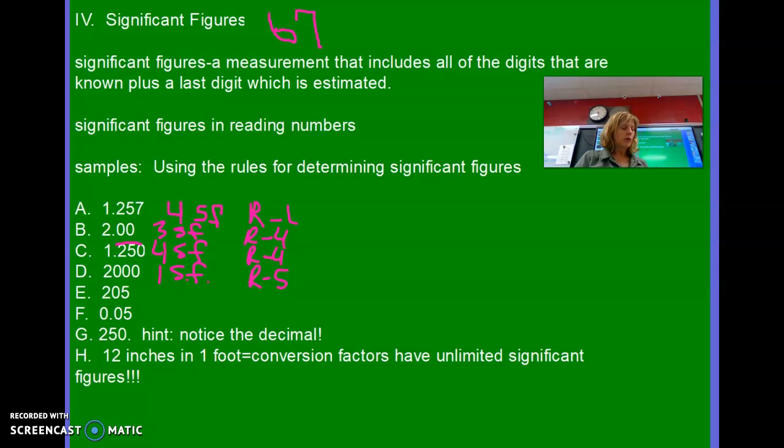The rule says for number 2, zeros appearing between non-zero digits are significant. So this is 3 significant figures. Rule number 2.